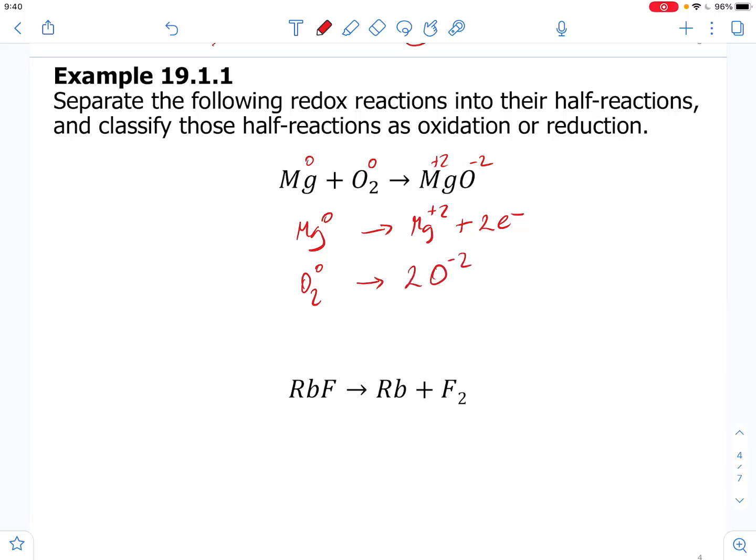Because you have 2 oxygens here and you are going from 0 to -2, it represents the gain of 4 electrons. And in doing so, you have to multiply the first half reaction by 2, and the second you just leave as it is. That way you cancel the number of electrons. This is 2 times 2, so they cancel, which means you have to put a 2 here, a 2 here, and then you're done.